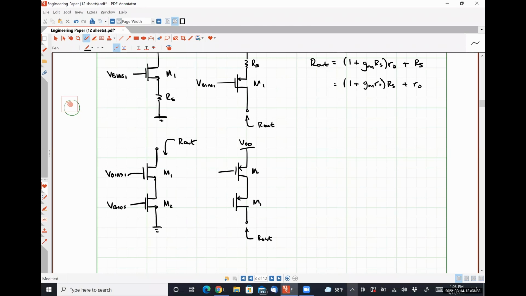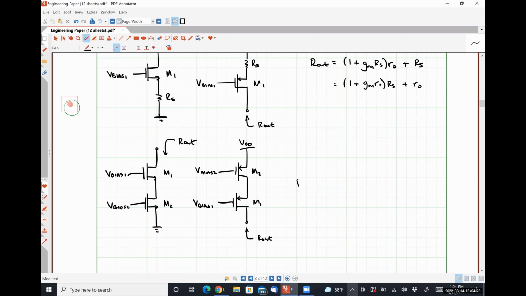Here's M1, here's M2. Just as a heads up as to what I'm doing, I'm always considering the cascode or degeneration transistor to be the second one and the principal current source one to be the first. So this is bias 1, bias 2.